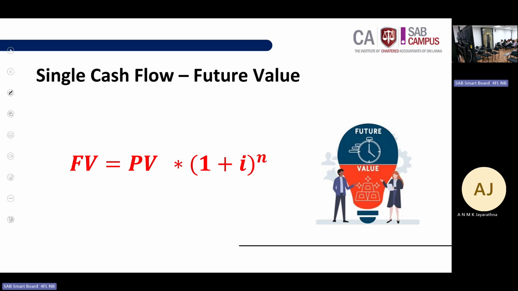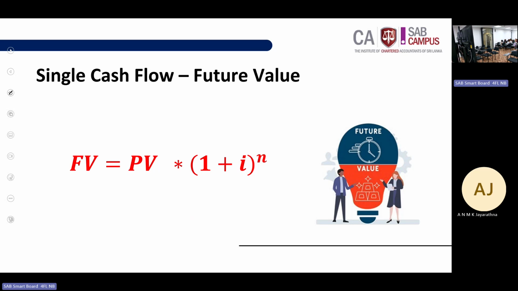But in single cash flow, do we have CF1, CF2, CF3, CF4? No, we only have the initial cash flow, CF0. One cash flow.